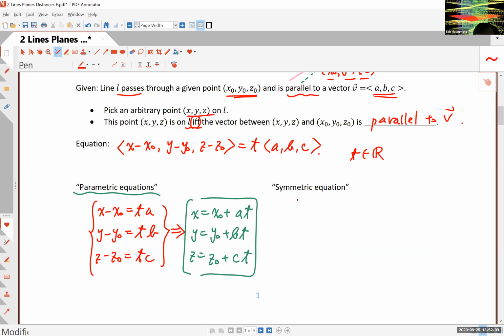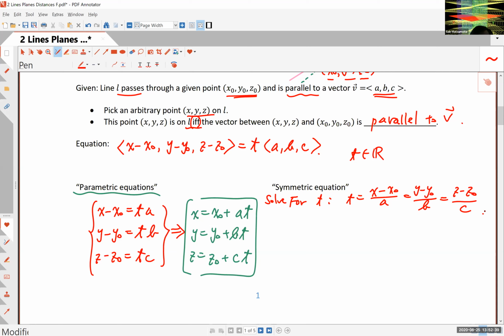Right now, if you solve each for t, here's what happens. Okay, let's solve the first one. Basically, t is equal to x minus x naught over a, and t is also equal to y minus y naught over b. Also, z minus z naught over c is also equal to t, right?